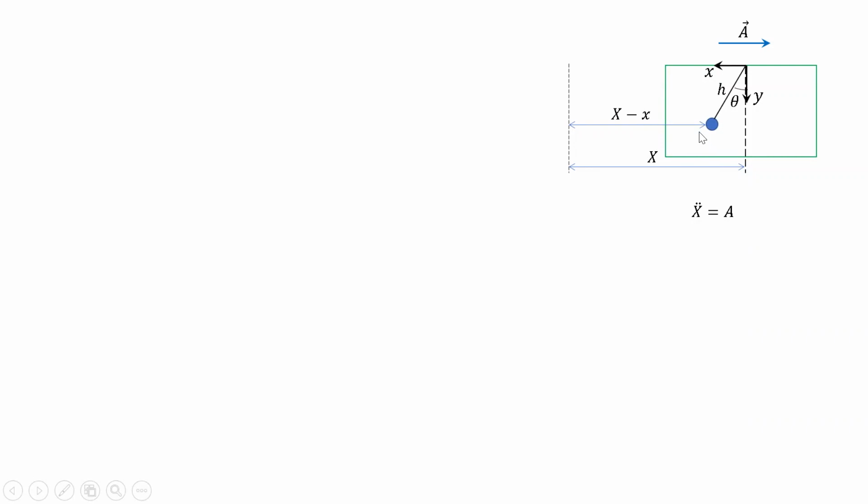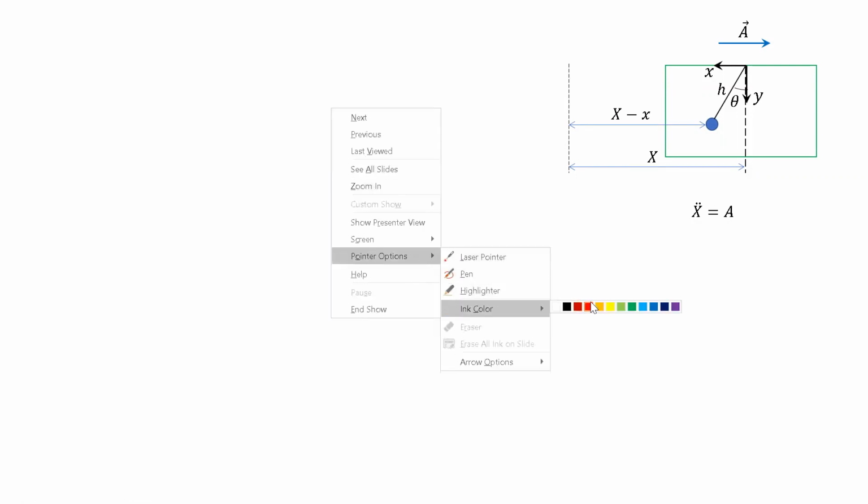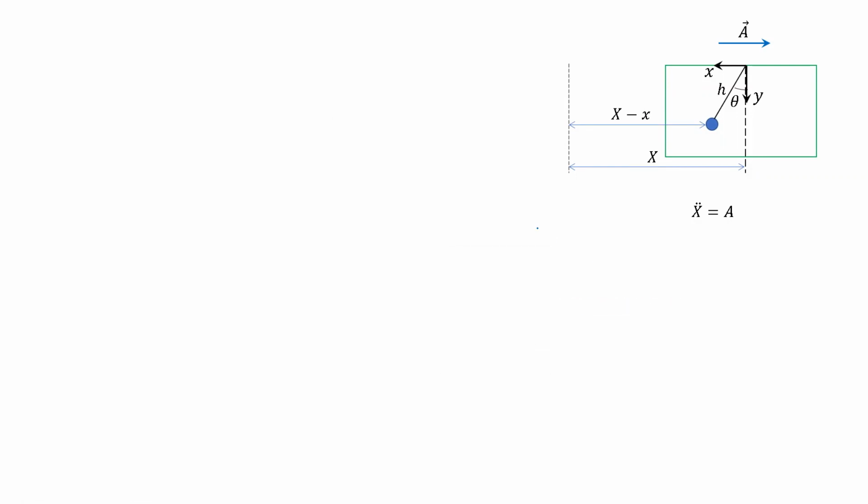But when we set up the KE, we need to be a bit more careful here. We have to consider the x component and the y component of the velocity of this pendulum.